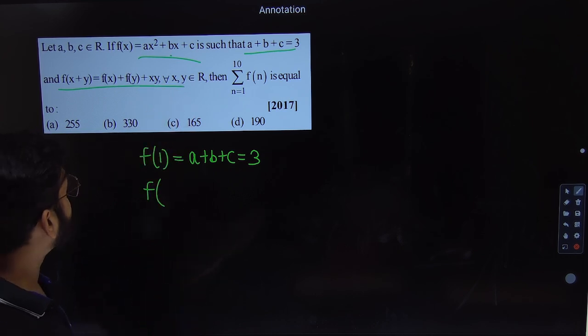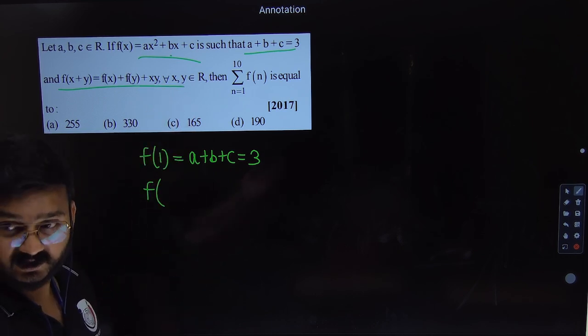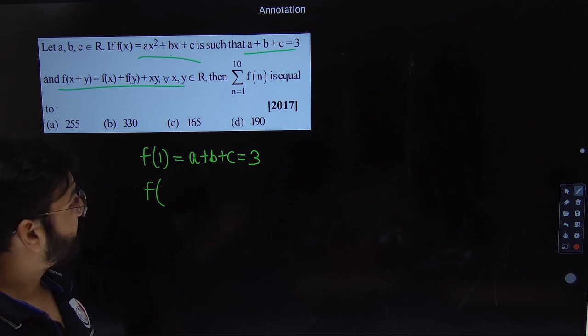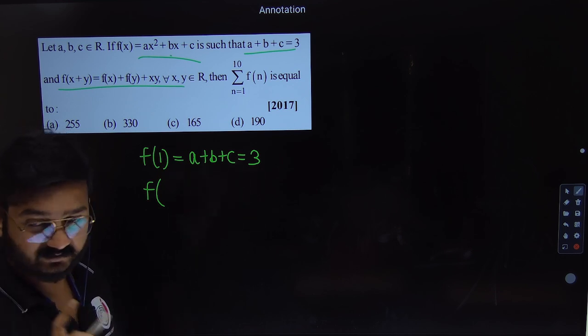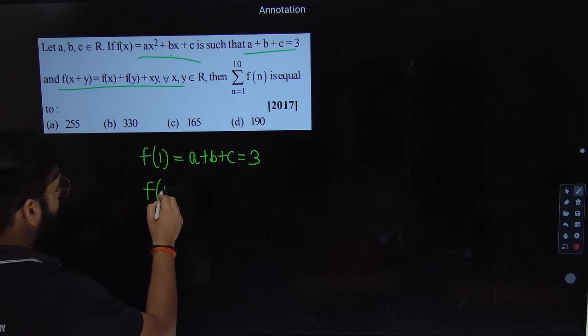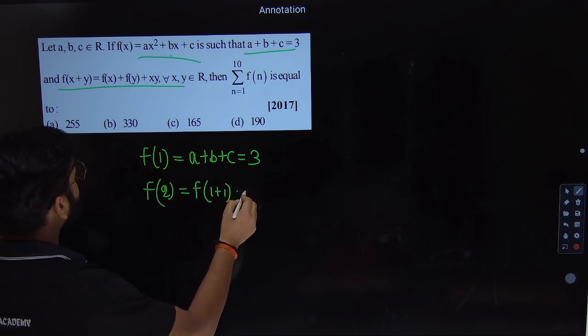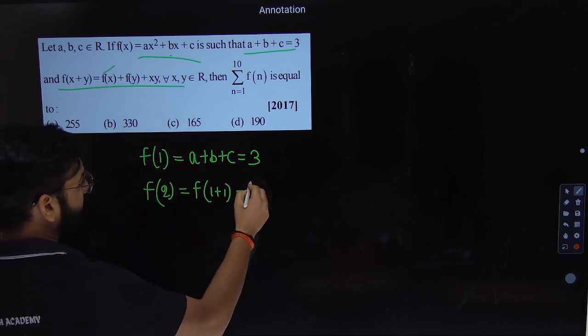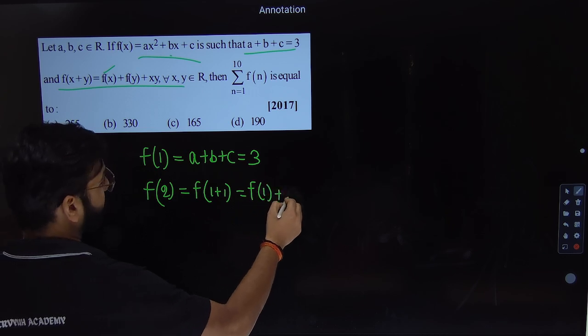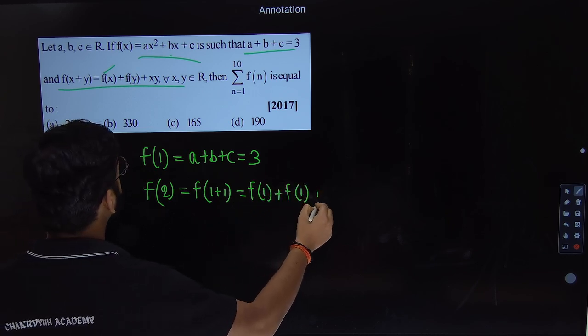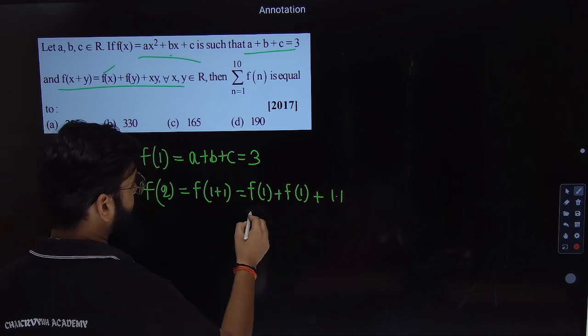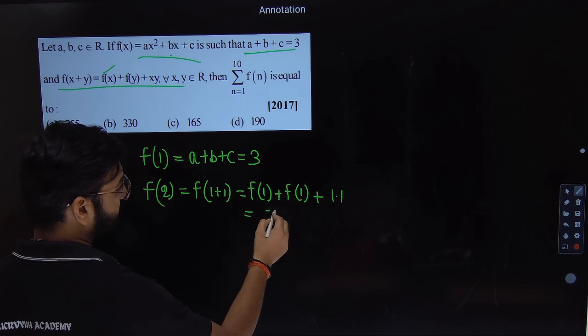So if I have to find f of 2, I will take x as 1, y as 1. So f of 2 is basically f of 1 plus 1, which is f of 1 plus f of 1 plus 1 into 1. So what is f of 1? 3 plus 3, 6.